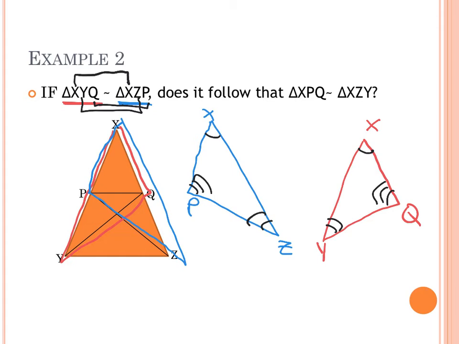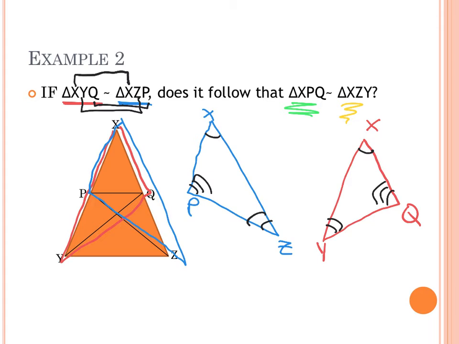So to help me figure out if XPQ is similar to XZY, I'm going to add some numbers here to simplify my process. I'm going to make them so that they're proportional.